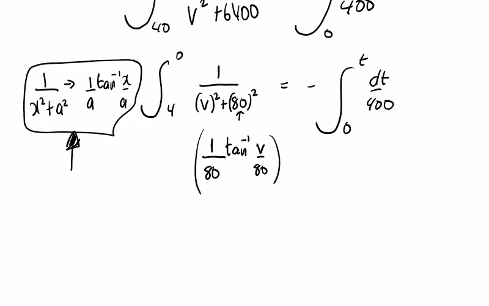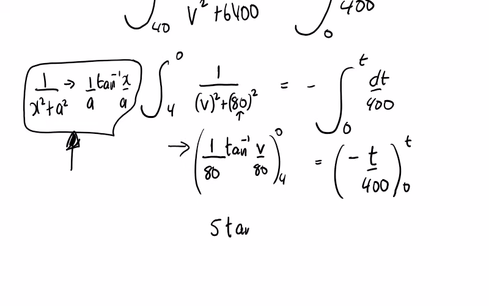And that's all going to be between 0 and 40, and that's going to give me minus t over 400. So we don't need the t and the 0 here. So if I multiply the whole thing by 400, I'm going to get 400 over 80, which is 5. So I'm going to get 5 by the inverse tan.